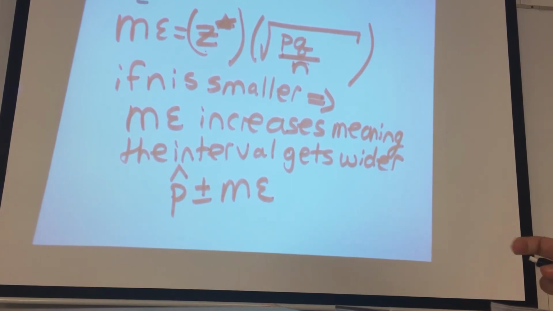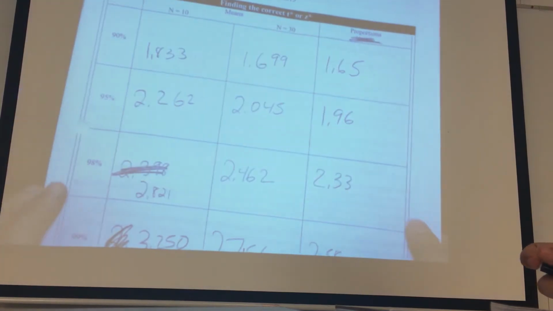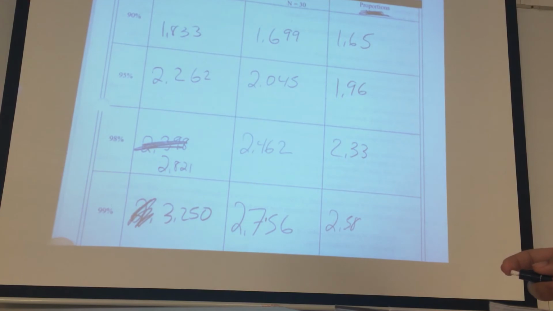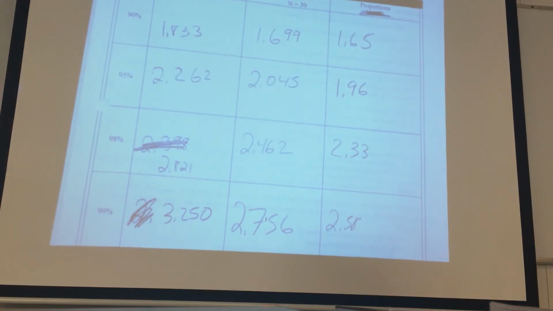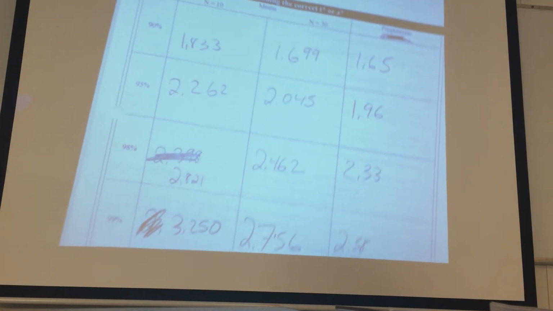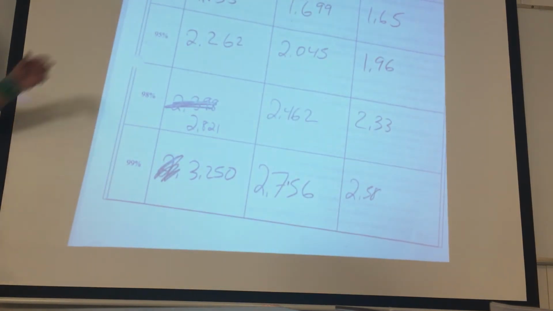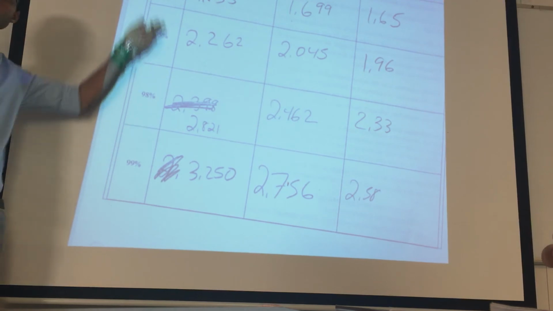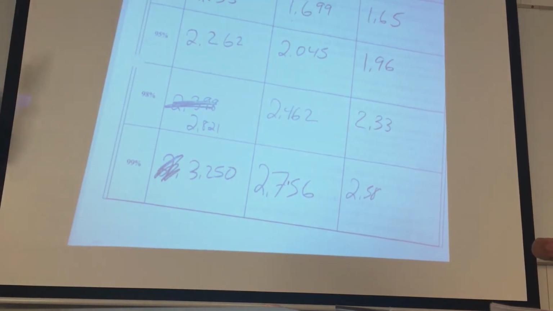So let's push the thinking a little bit. Let's push the thinking here. So this was the chart we had already filled out. So if the confidence level goes up, does the margin of error get bigger or smaller? If the confidence level goes up, think about this.